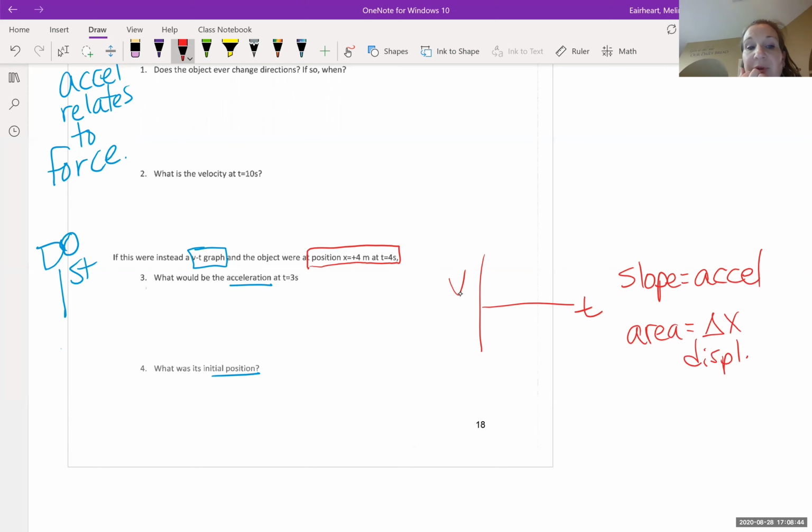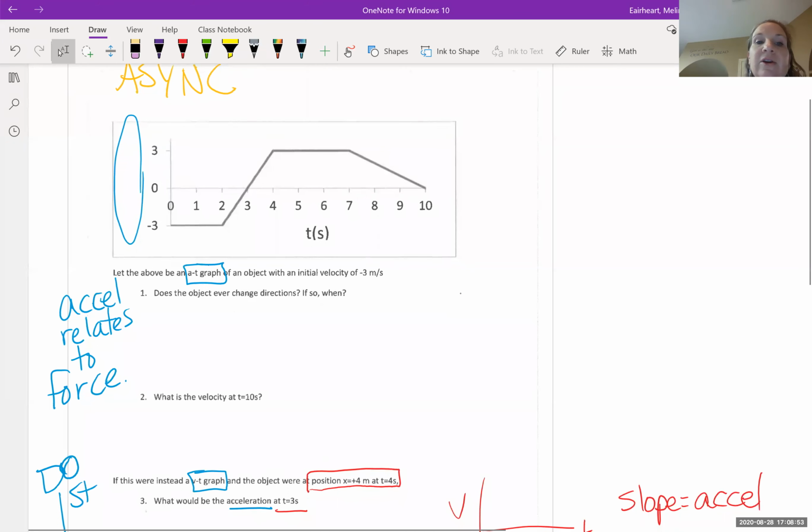For number 3, it says acceleration at 3 seconds. So we're going to do the slope, and if we go up to the graph, 3 seconds is actually where the line crosses the x-axis. Now, the y-axis is not labeled because it applies to both sets of questions.